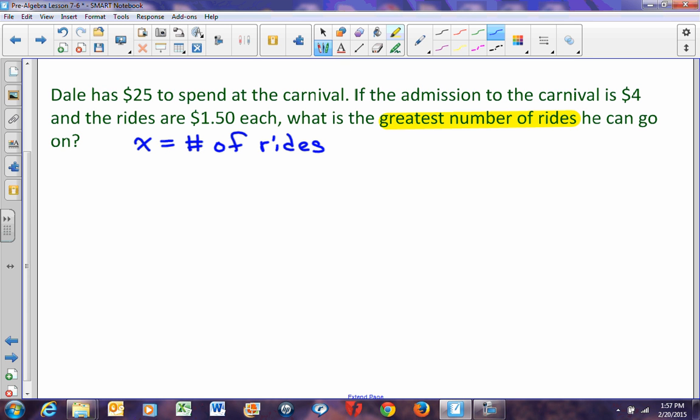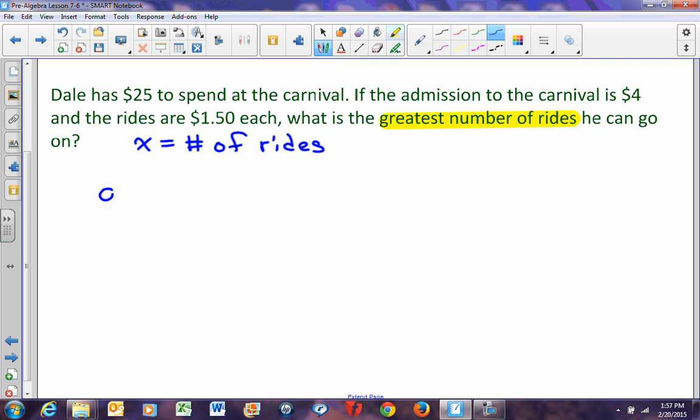Now, the cost of admission to get into the carnival plus the cost of my rides times the number of rides that I ride has got to be less than the $25 that I have. Because if I spend more than $25, I'm in trouble because I don't have it. Okay?